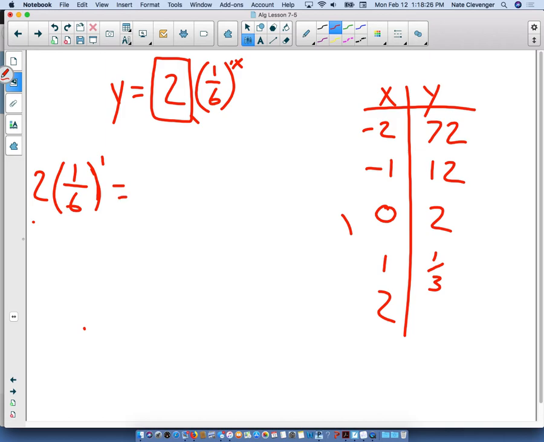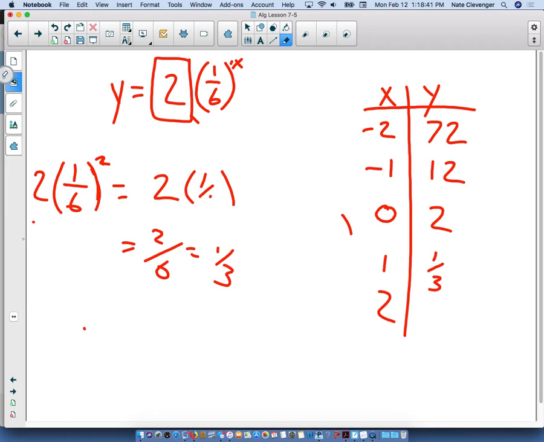So 1/6 to the first power is just 1/6, then 2 times 1/6 is 2/6, which is 1/3. And 2 over 36 instead, which reduces to 1 over 18.